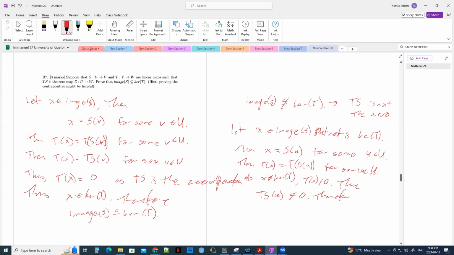Therefore, there exists a U in U such that TS of U does not equal 0. Therefore, TS is not the 0 transformation.